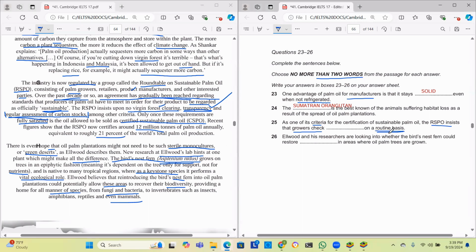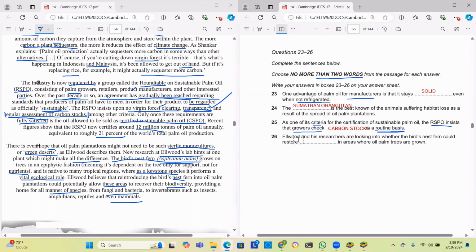Checking something on a daily basis is called regular assessment of what? Carbon stocks. Okay, the growers check the carbon stocks on a routine basis. Yes, so that is our answer. Right? So carbon stocks is our answer.